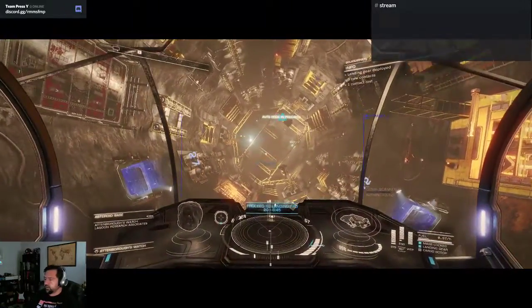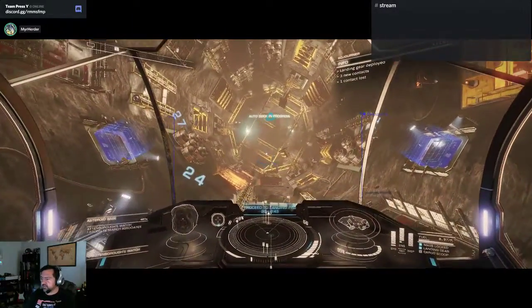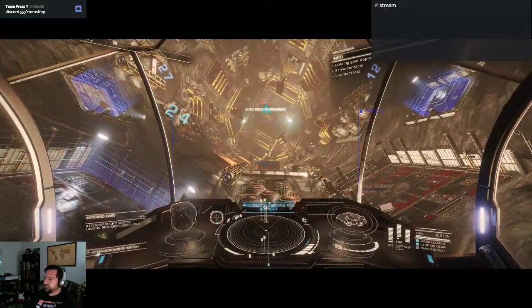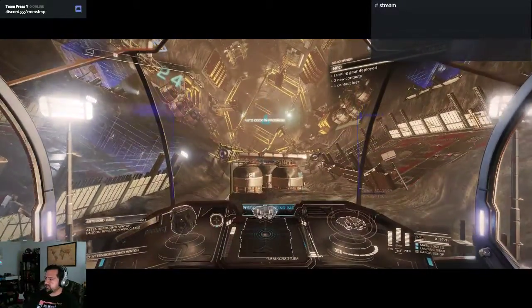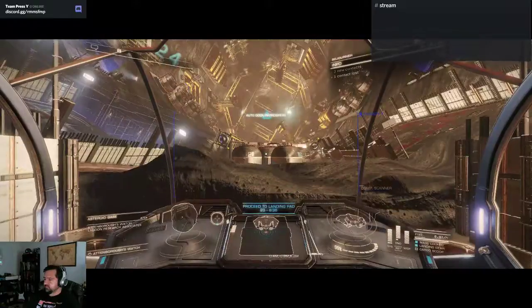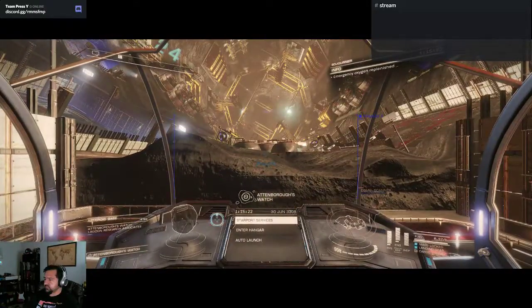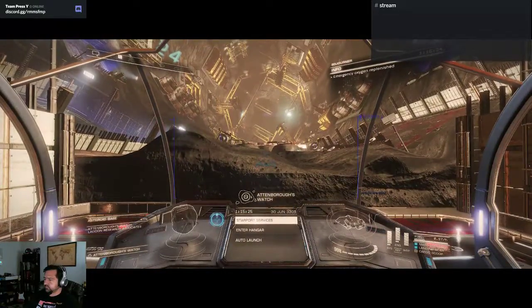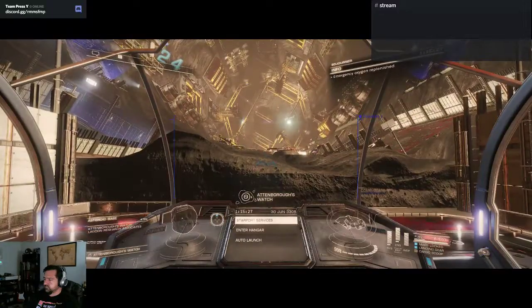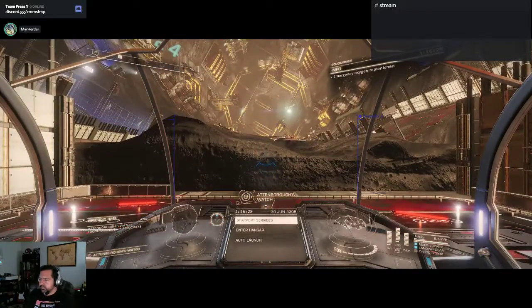Glide right in. You can see all the landing pads just carved out on the inside. Landing gear deployed. Oh, wow, that's cool. Yeah, I might have to pick this up. 3, 2, 1. Landed.